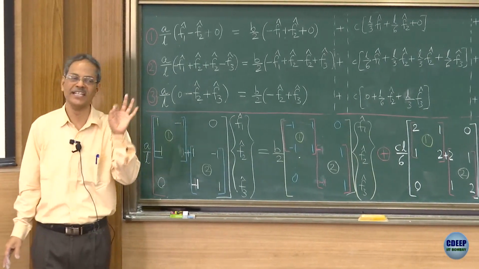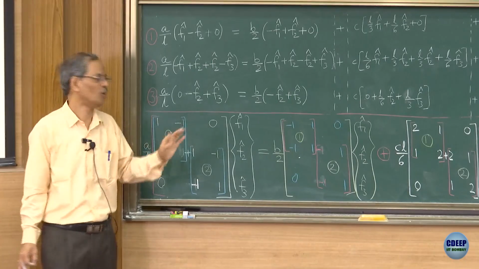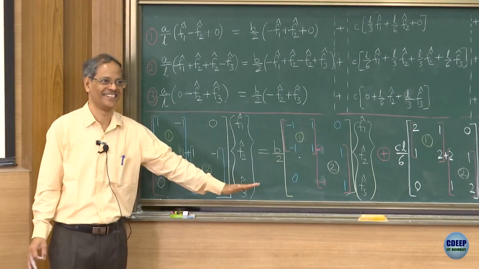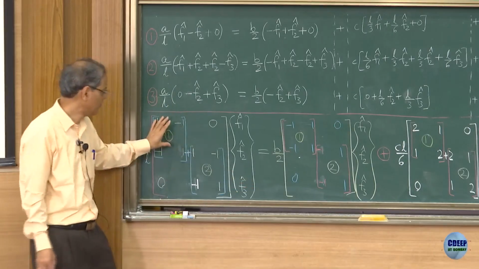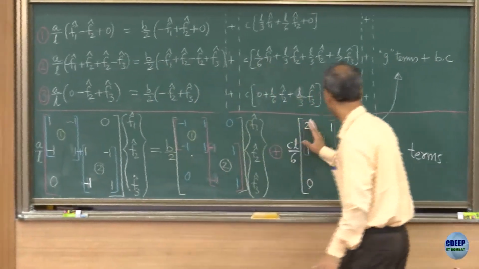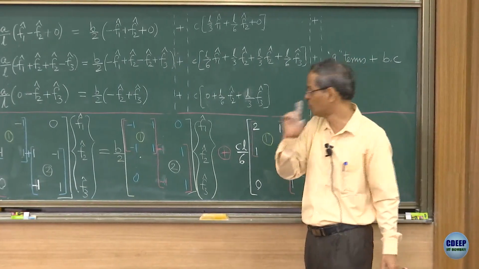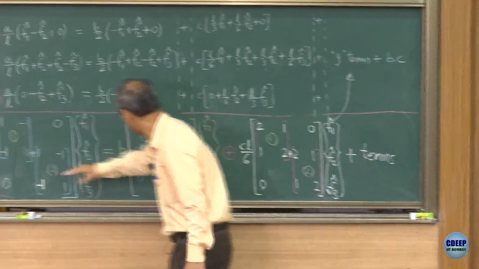As long as it is a linear element, I really don't need to do all these computations. I have for one element these computations, A, B, C, whatever matrices, then I know that for the second element also it will be the same pattern.